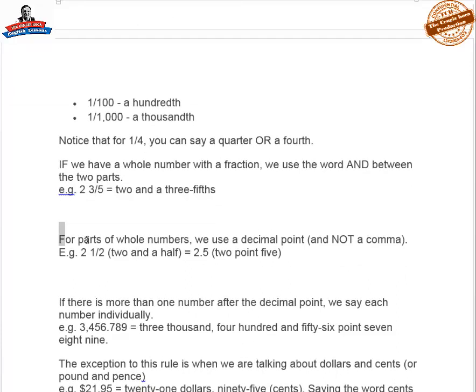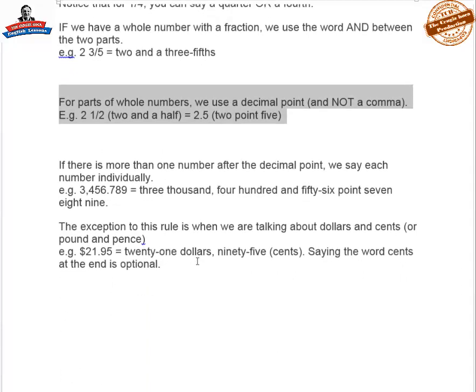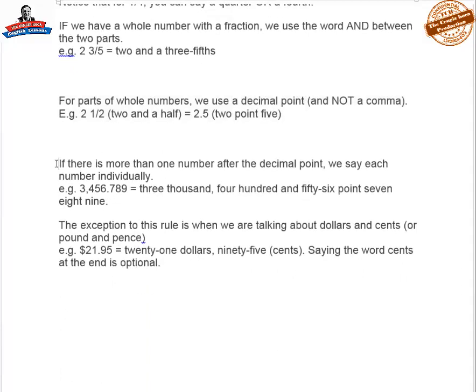For parts of whole numbers, we use a decimal point, not a comma. For example, 2.5, we write 2.5. If there is more than one number after the decimal point, we say each number individually, separately.